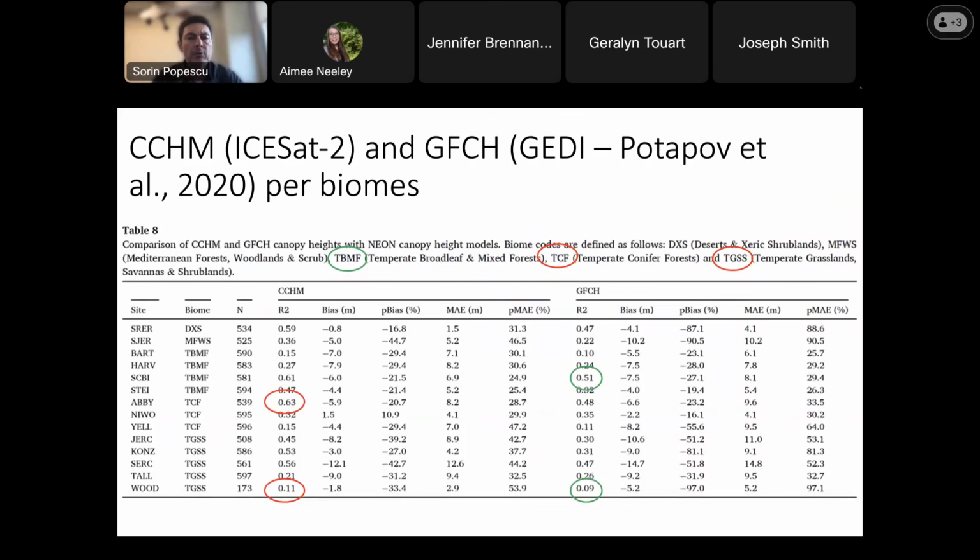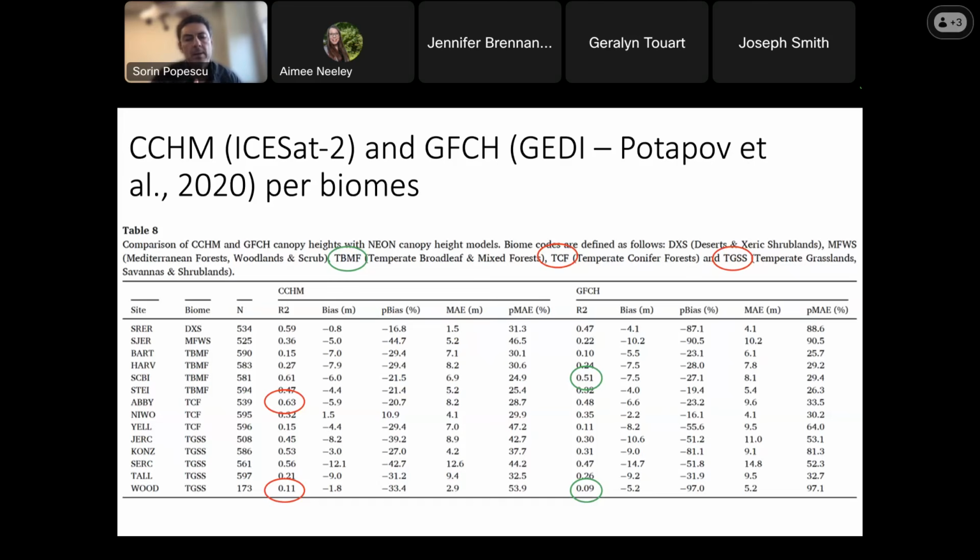I'd like to draw your attention to some of the comparisons here for different biomes. So we were very happy to see at least that the major ecozones within the continental US, like the temperate broadleaf forest, the conifer forest, had a very good comparison with R-squares up to 0.63. You can see the two products, the GEDI and the ICESat-2 derived maps here. And we saw a similar trend with both maps.